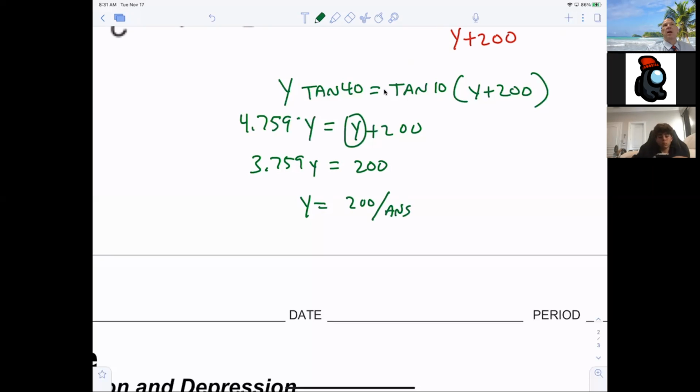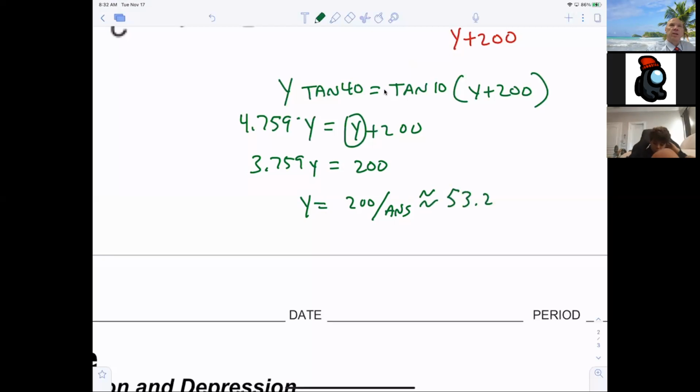Does everybody see what I'm getting at? I want you to use the number that's in the calculator, not the rounded number. In math, we really try not to round until the very last step. You have a great calculator. It's allowed to store information. So I want the exact answer. So the exact answer would be 200 divided by the answer, which is approximately what?